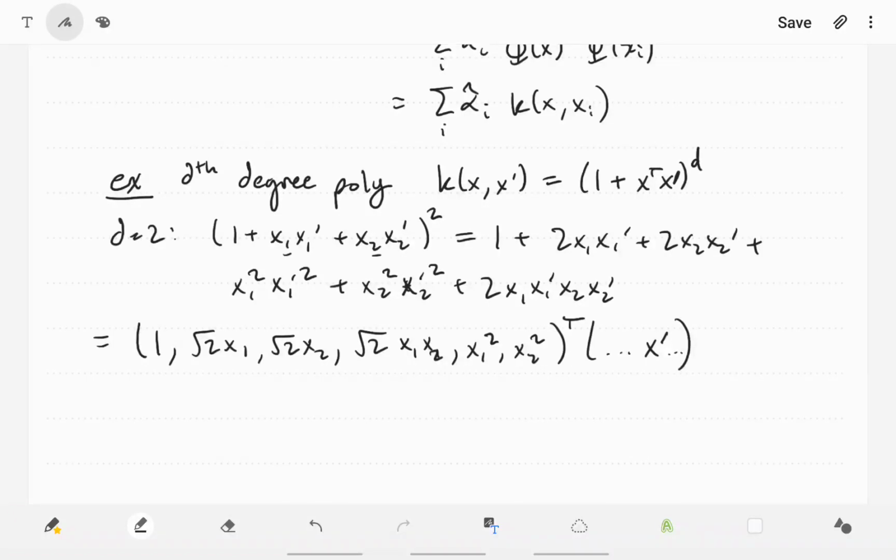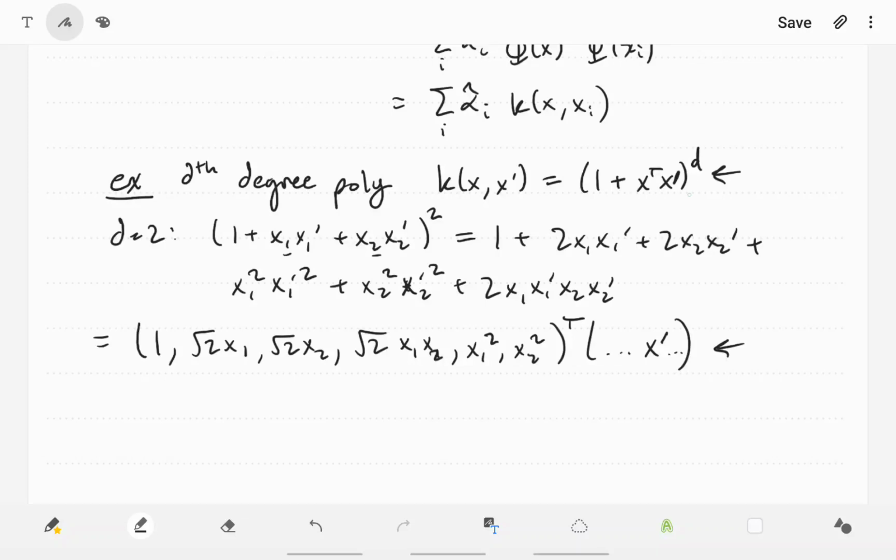Right? Because if you look at it, 1 times 1 is this one, root 2 x1 times root 2 x prime 1 is this one, and so on. So this kernel that I've written out here is the inner product between these two vectors.